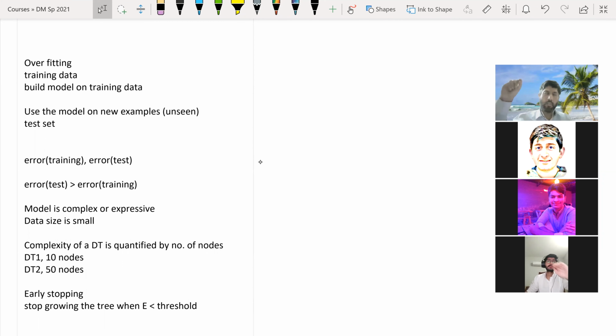So we do not try to get pure nodes, we just stop at an intermediate node, at some threshold for entropy that is somewhat bigger than 0. So it means that you are stopping growing the tree.